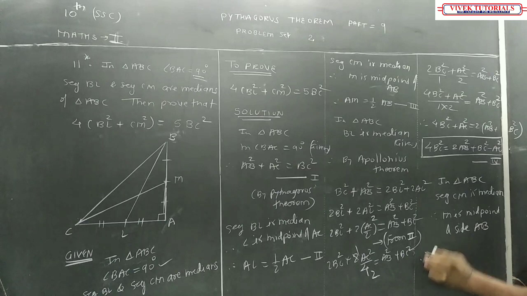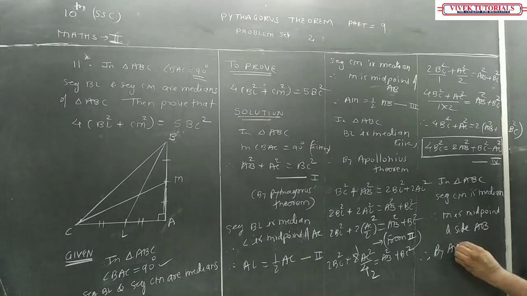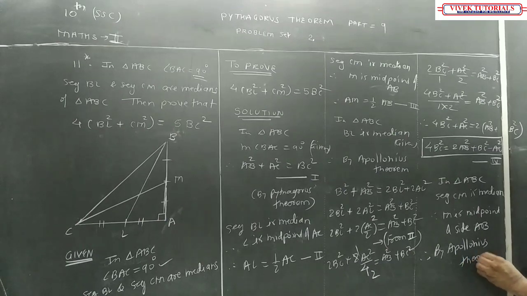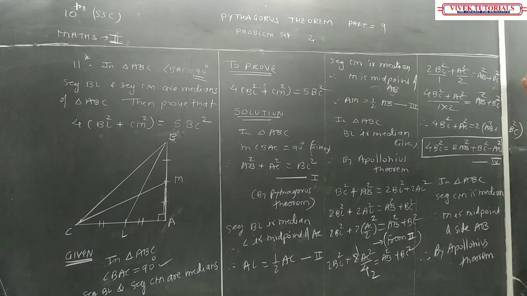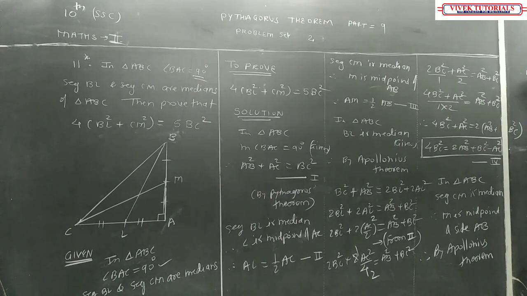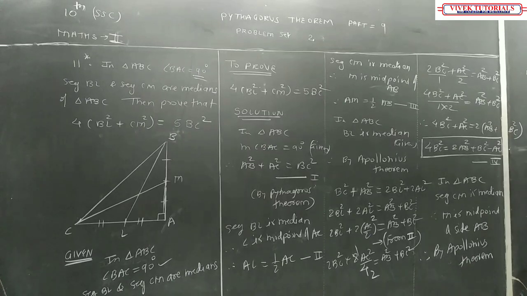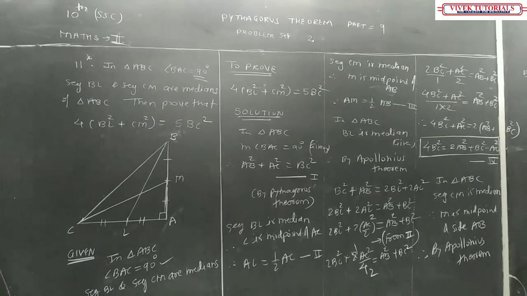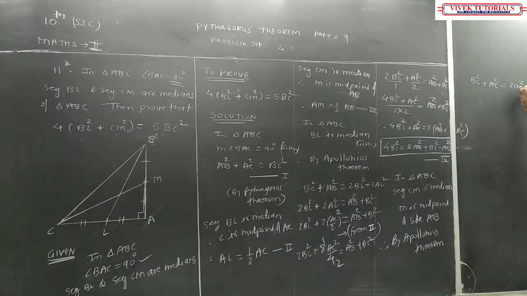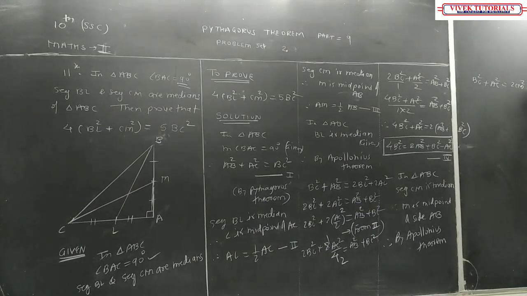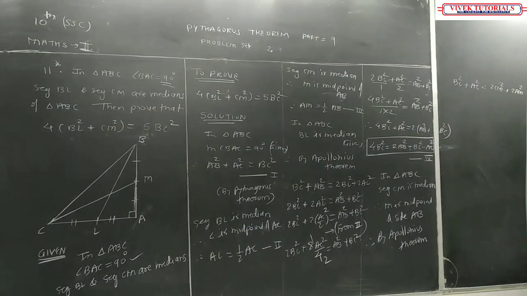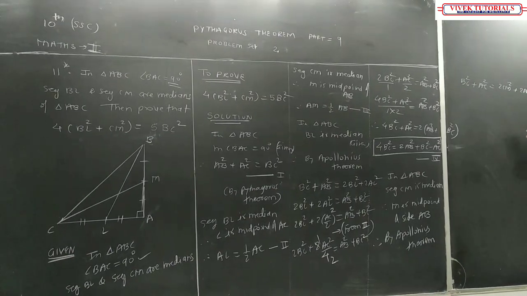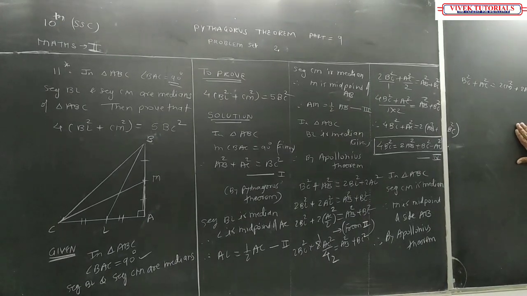Then we can apply what? Apollonius theorem. By Apollonius theorem, what I can do is BC square plus AC square is equal to 2CM square plus 2AM square. Okay, got it now?